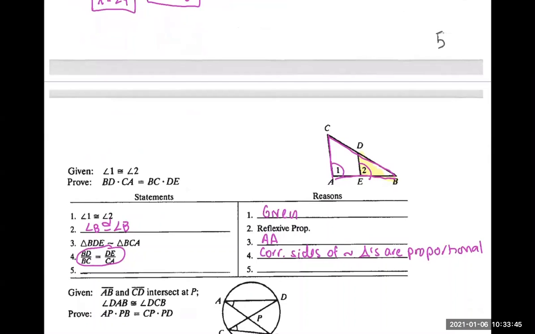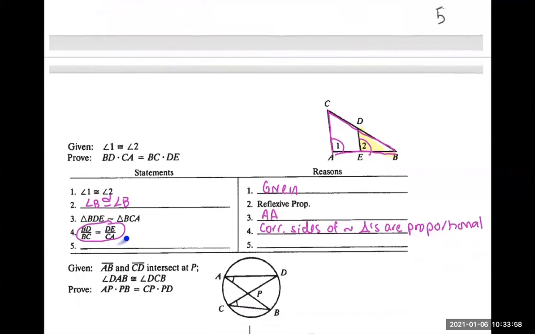Okay, good, Emily. Emily mentioned that right after you set up a proportion, to solve a proportion, most of you would say we cross multiply it, right? If you look at step 4 and then step 5, which is what we're trying to prove, if you cross multiplied, you would get the expression they have here, that product.